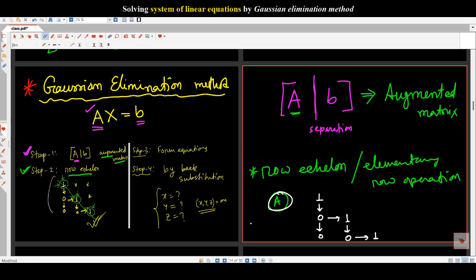If you have one system with 3 variables x, y, z, then your main target is to convert A matrix into this notation.